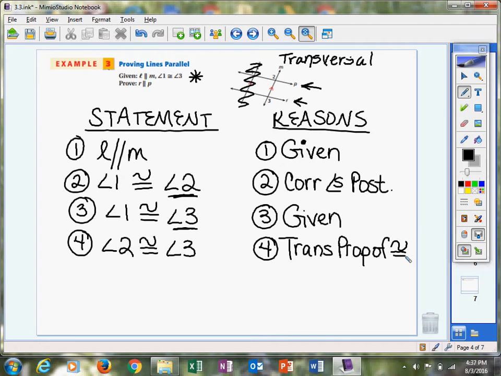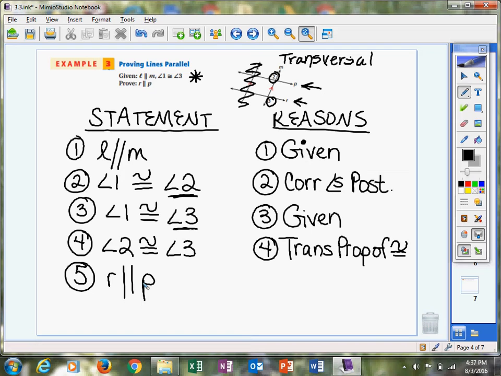So now, do we have enough information? If we're saying that angles 2 and 3 are congruent, look at them positionally. How can we say then that R is parallel to P, knowing that angles 2 and 3 are congruent?